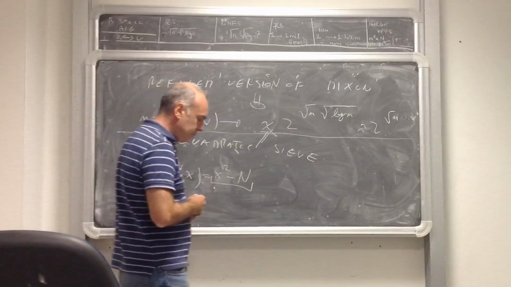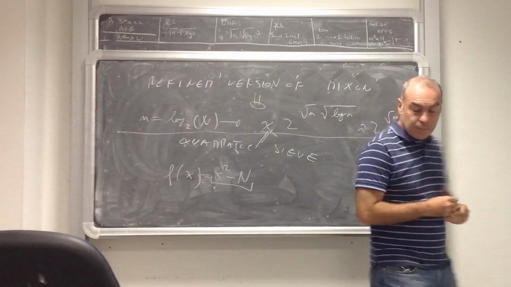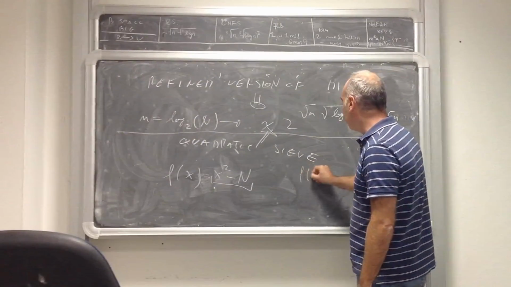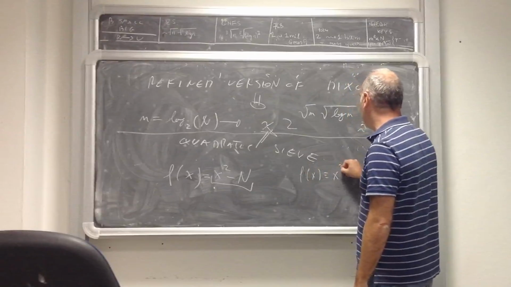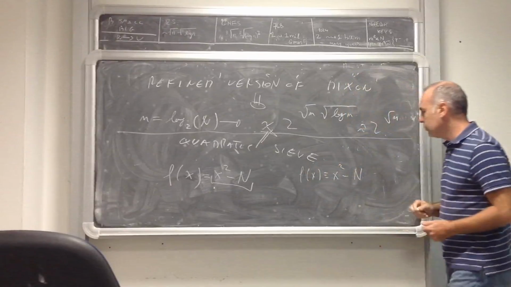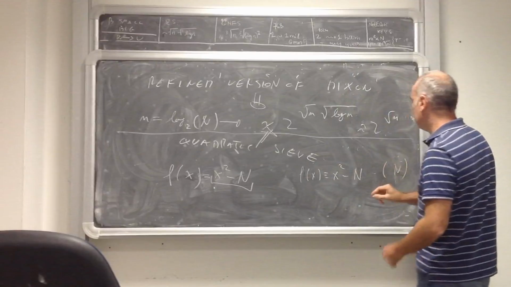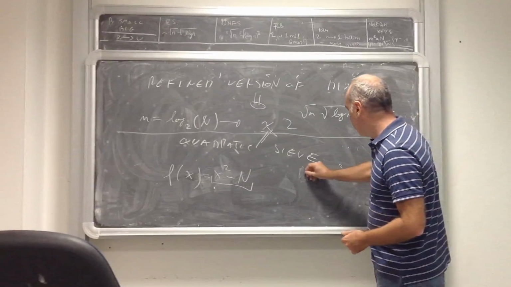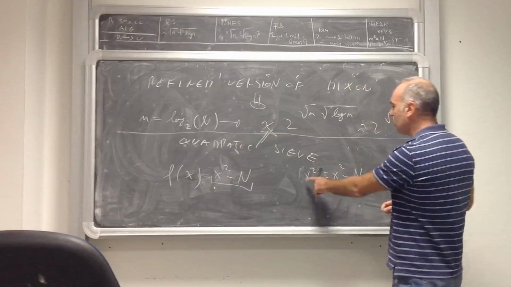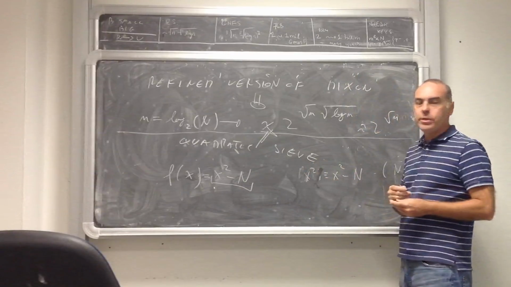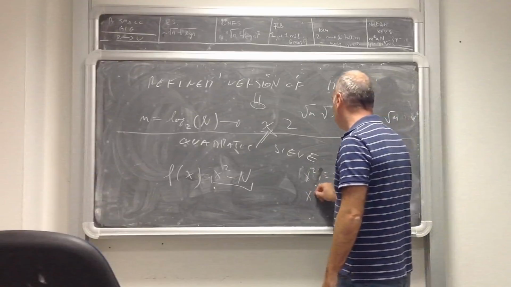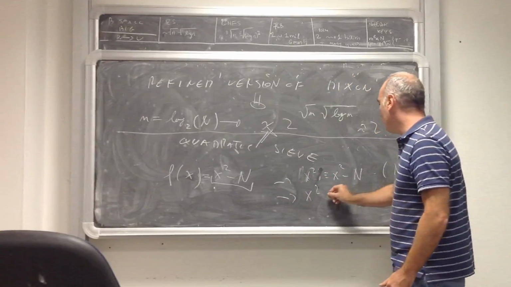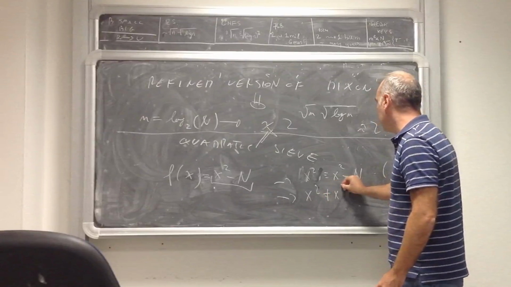Now what happened? What happened is that, of course, f of x is congruent to x squared minus n modulo n. So x squared is congruent to f(x), which is x squared minus n, and so we have simultaneously two conditions. x squared is different from x squared minus n.